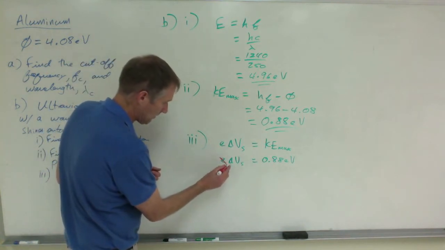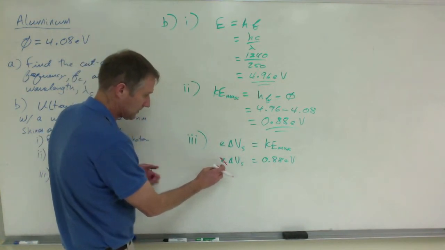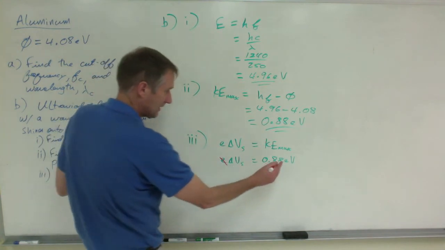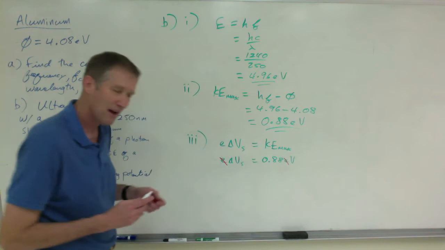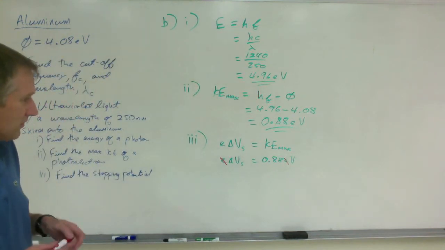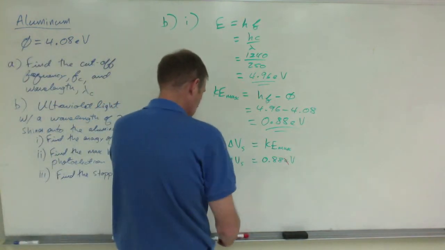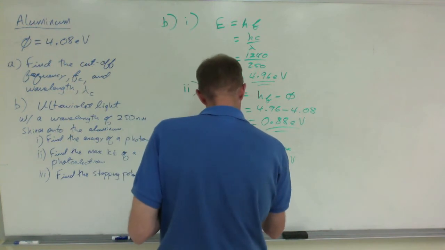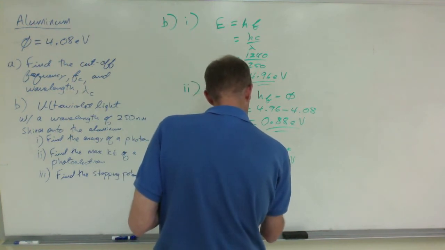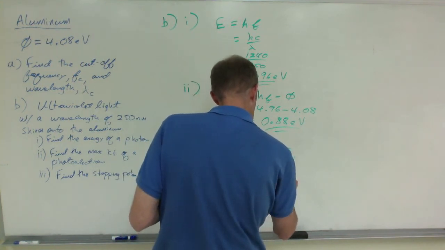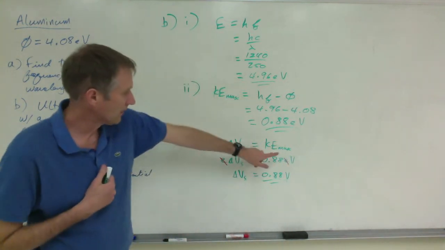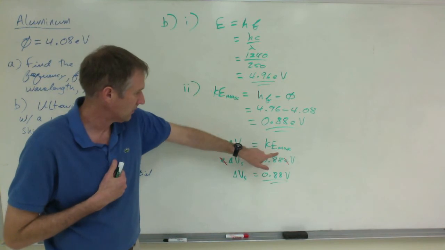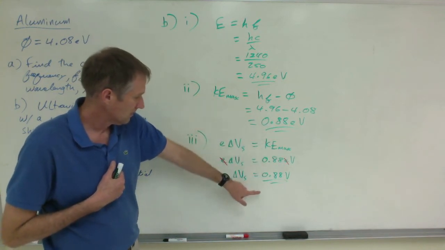That e right here, which is actually 1.6 times 10 to the negative 19 times this, is equal to that e right here, which is actually in the units, but they can cancel out. How cool is that? So what's the stopping potential? Well, delta Vs equals 0.88 volts.